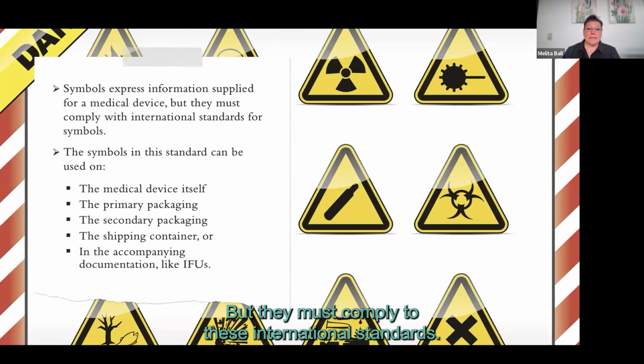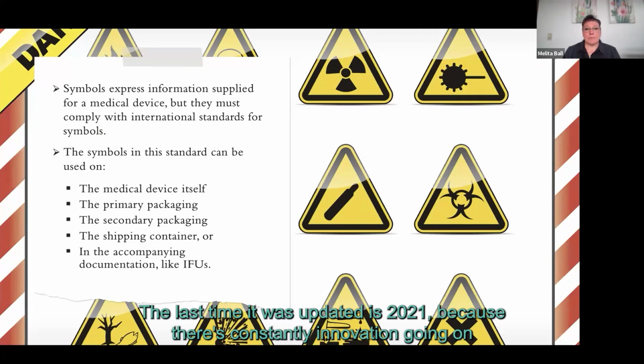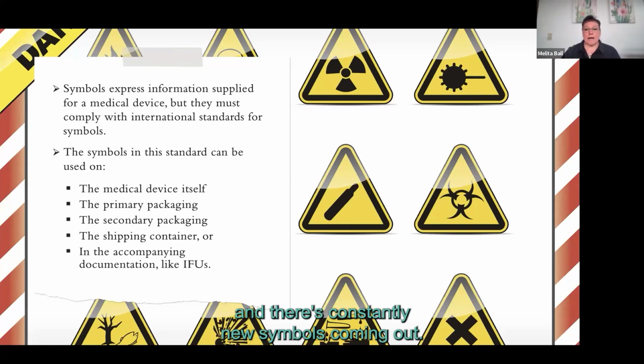But they must comply with these international standards. And if you remember from the first slide, the standard for these symbols is updated often. The last time it was updated was 2021, because there's constantly innovation going on and constantly new symbols coming out. So the most important thing you can do is make sure you stay up to date on what the international symbols are. Get a copy of the standard, stay updated with the standard.